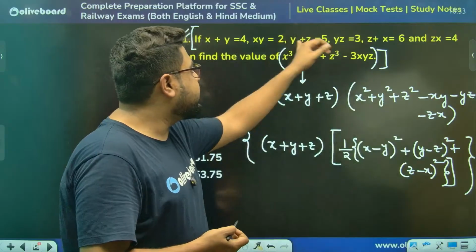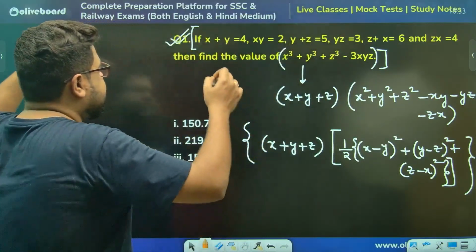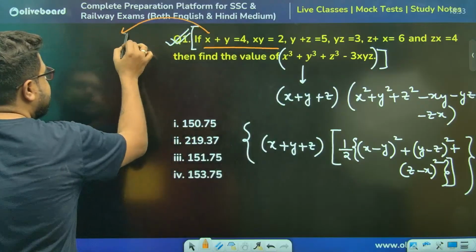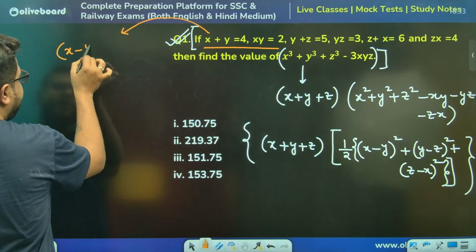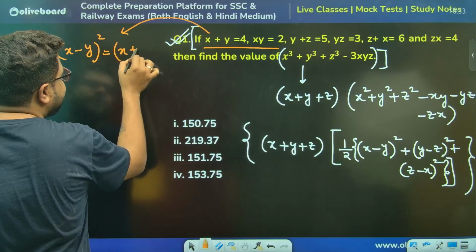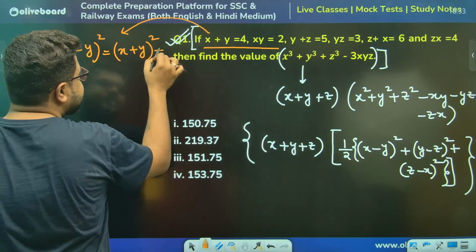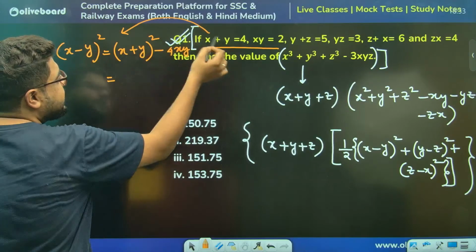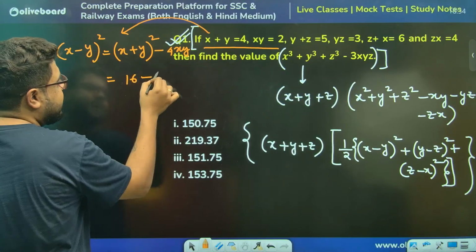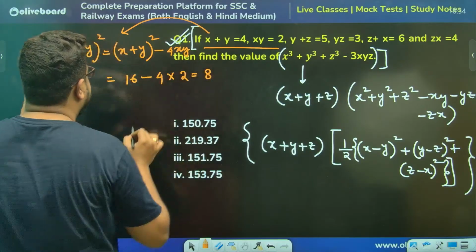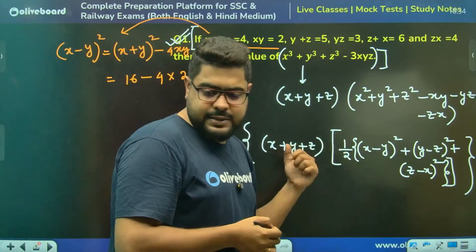These values I'll get from the given information. I know x plus y and xy. (x minus y) whole square equals (x plus y) whole square minus 4xy. x plus y is 4, so 4 squared is 16, minus 4 into xy, which is 2, so 8. (x minus y) whole square is 8.